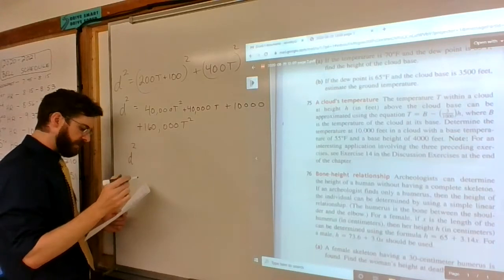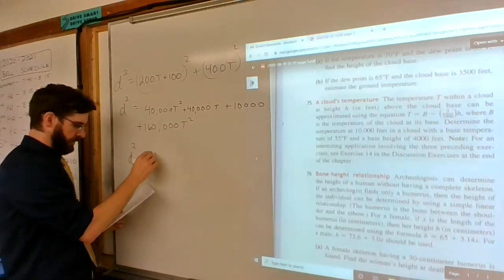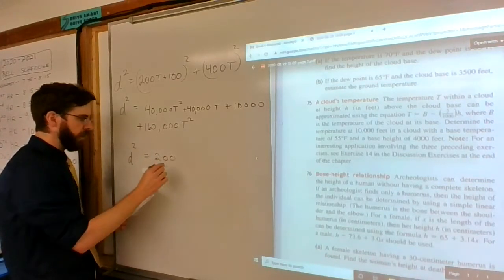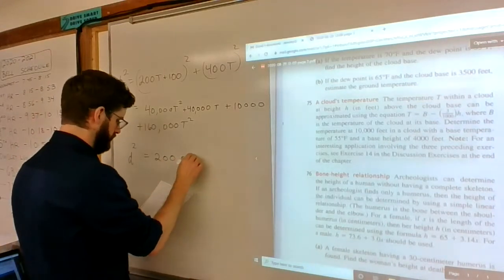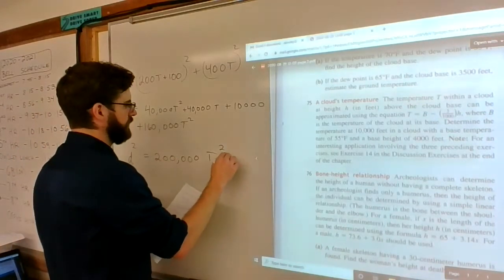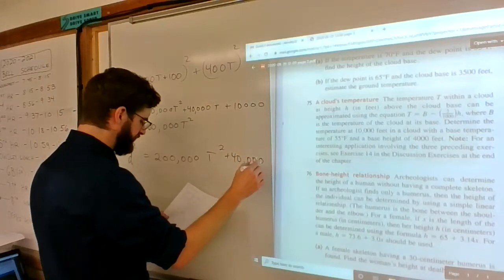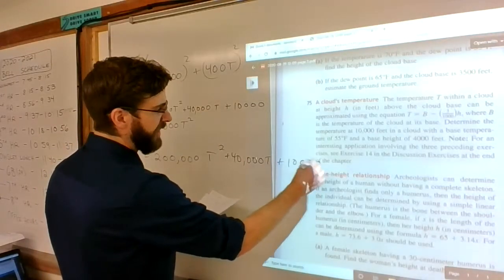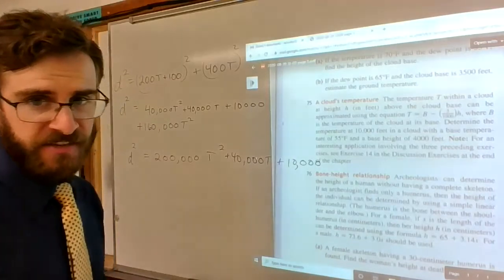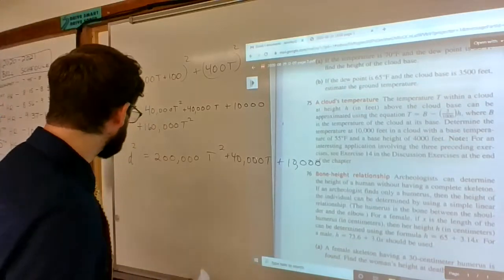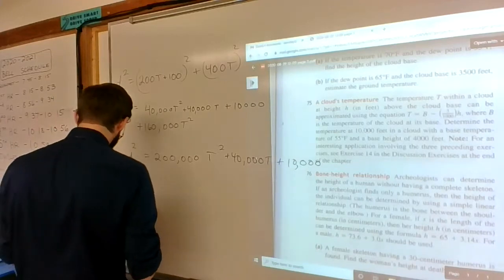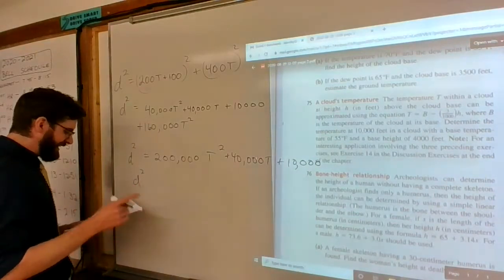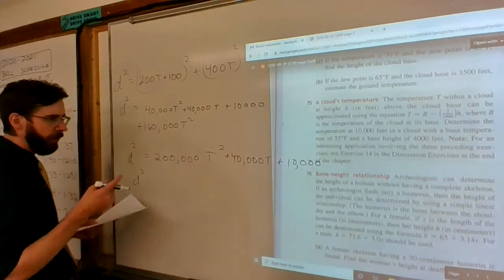So d squared equals, well, okay, you got 200,000 t squared. Can we get rid of some of this stuff? This seems a little ridiculous. It's not equal to 0 though, so we can't just divide both sides of the equation by 200,000 and be done with it. But here's what we can do. We can factor out 10,000 from each part.